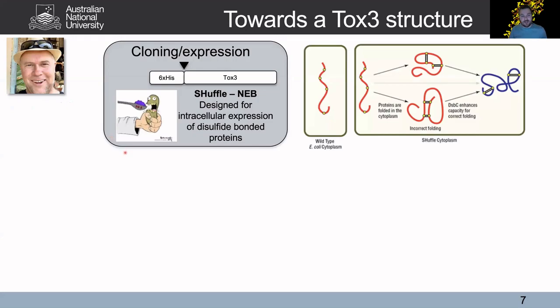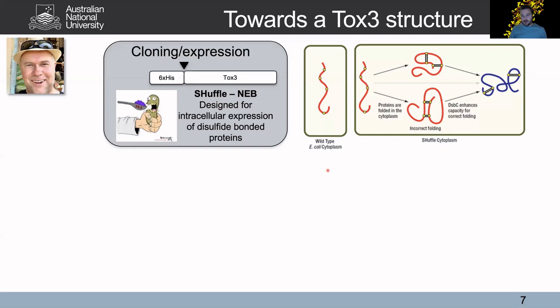So the first thing I needed to do was try and produce these cysteine-rich effectors. And what I looked to do was to do this in E. coli. There had been some reports of producing TOX3 in Pichia pastoris, but the yields were really low. In fact, you couldn't really see this on a Coomassie stain gel. So we wanted to try and do this in E. coli. We tried a lot of things, but settled on this E. coli strain produced by NEB known as SHuffle.